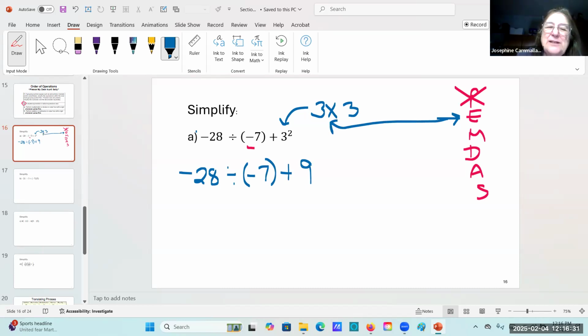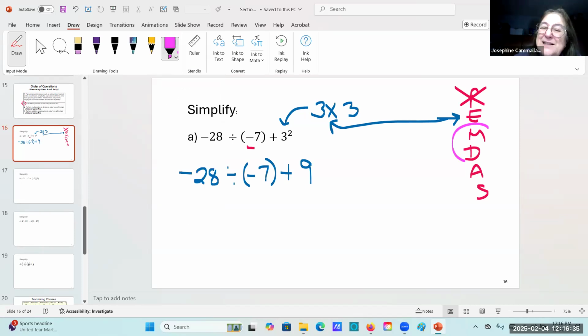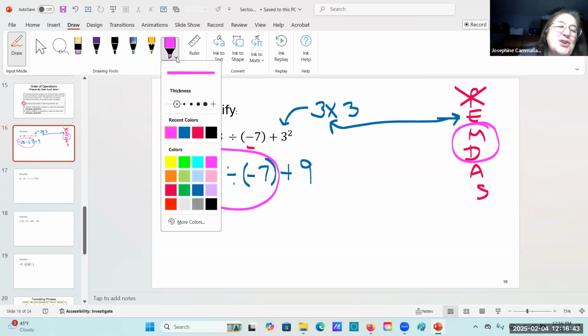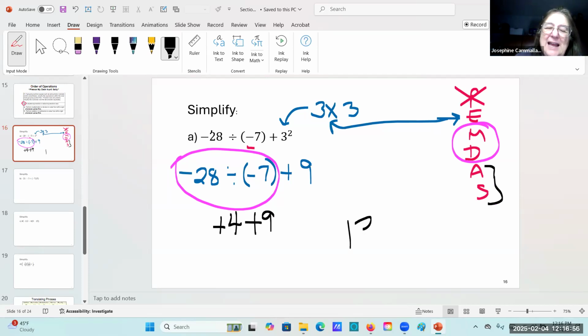That's our exponent. Now, multiply or divide is this step. 2 negatives is going to give us a positive 4 plus 7. And notice I'm finishing. I'm adding two positive numbers.